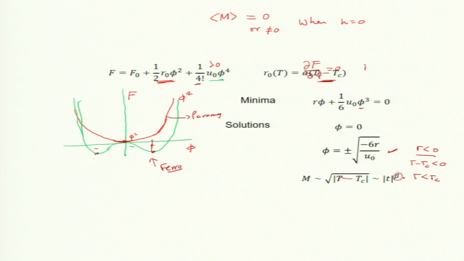So, this beta is half, okay. If I make a plot, this is temperature and magnetization, then it is 0 for T greater than Tc, and then this part is like that, okay. That is what I was trying to plot, and this is a parabola, which is inverted parabola, square root T.